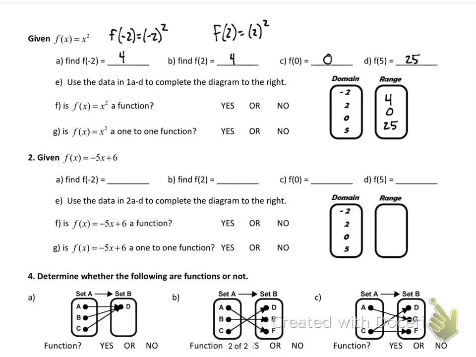And with these puddle diagrams, this is the name we have for it, remember, we're going to draw arrows from the input to its output. So I've got -2 and 2 both pointing to 4. I've got 0 pointing to 0, 5 pointing to 25.